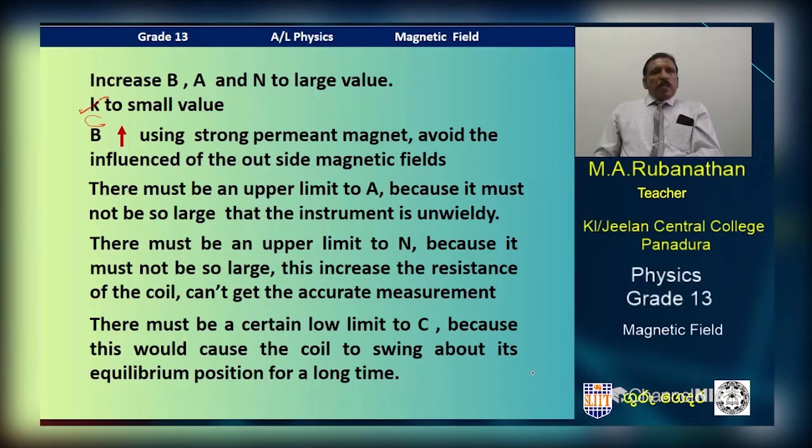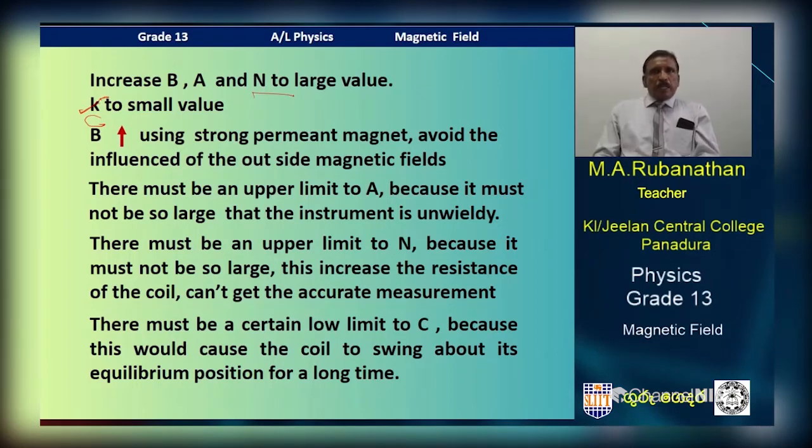There must be an upper limit to N also. This N is also a large value, no? But we can't increase N beyond a certain limit. When we increase N, it must not be so large, because it increases the resistance of the coil.